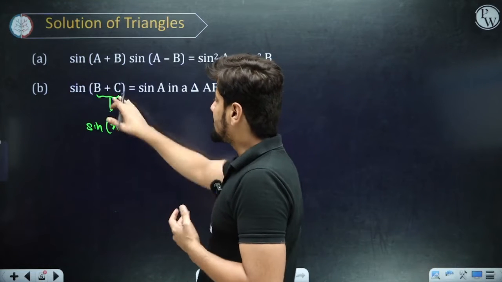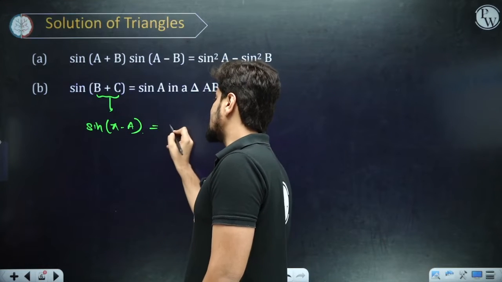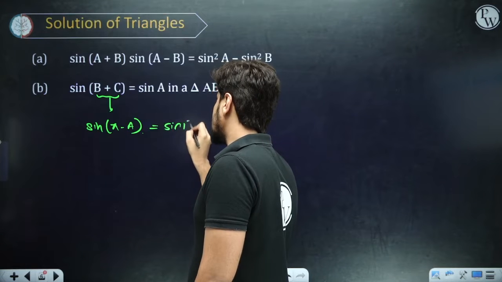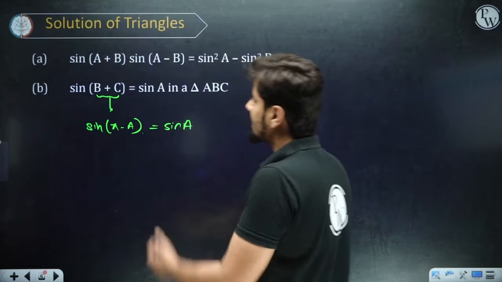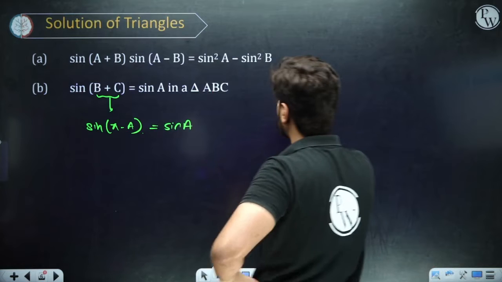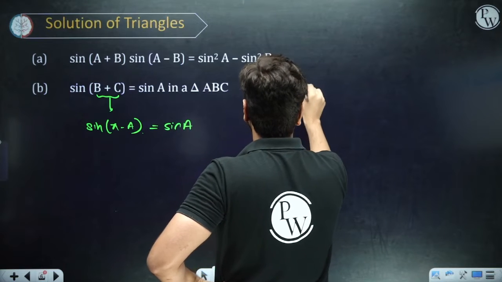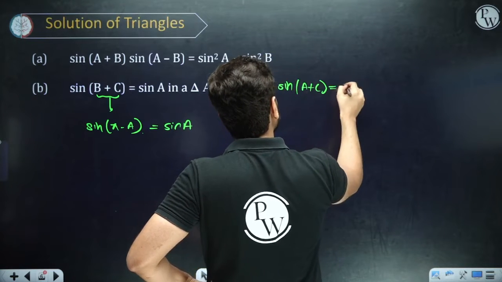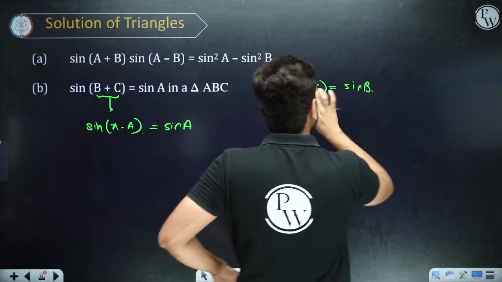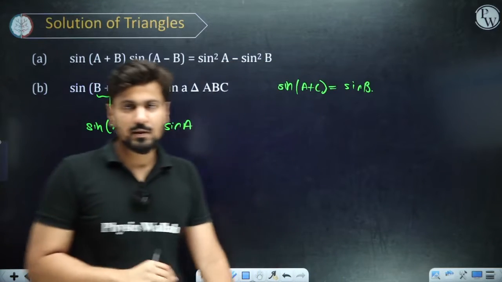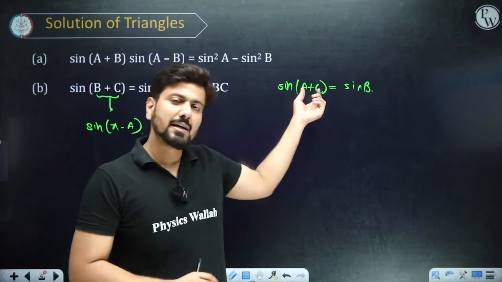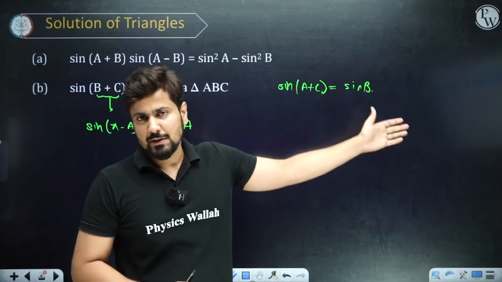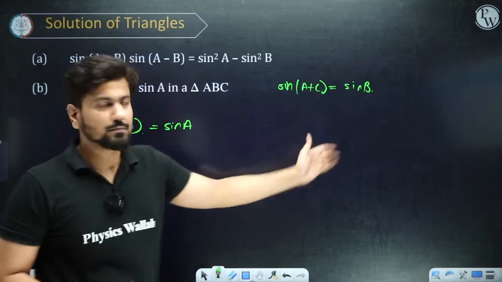So you can write B plus C as pi minus A, and sine of (pi minus A) will be sine of A. Similarly, if sine of (A plus C) is written, we can write it as sine of B, because these are supplementary angles. We can write A plus C as pi minus B, so sine of (pi minus B) will be equal to sine of B, correct?